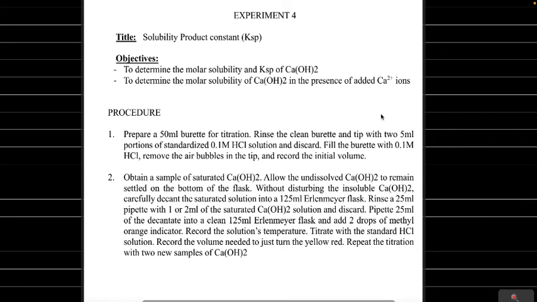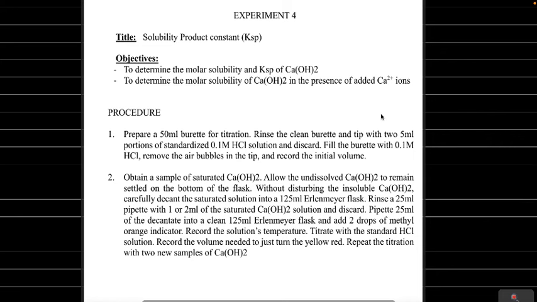Pipette 25 ml of the decantate into a clean 125 ml Erlenmeyer flask and add 2 drops of methyl orange indicator. Record the solution's temperature. Titrate with standard HCl solution. Record the volume needed to just turn the yellow color red. Repeat the titration for two new samples.